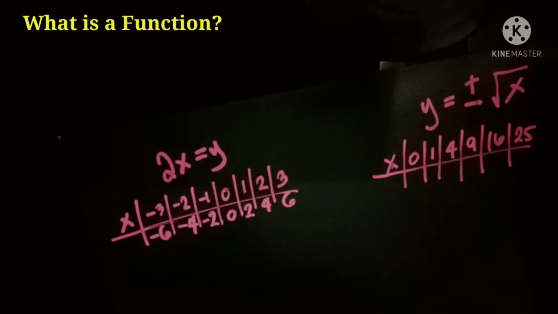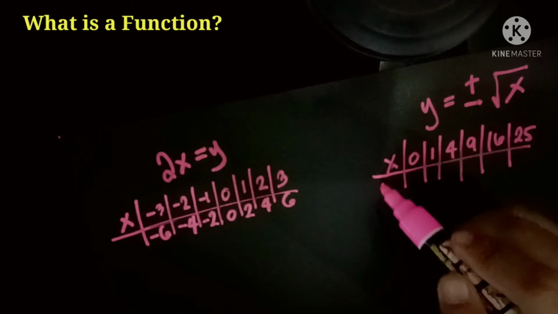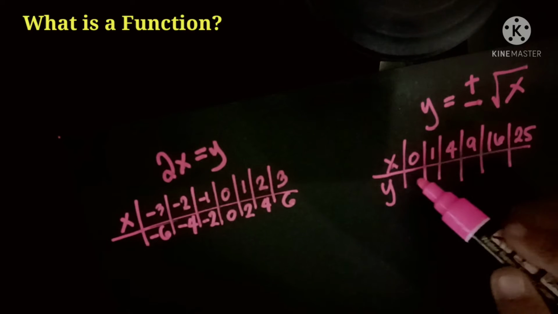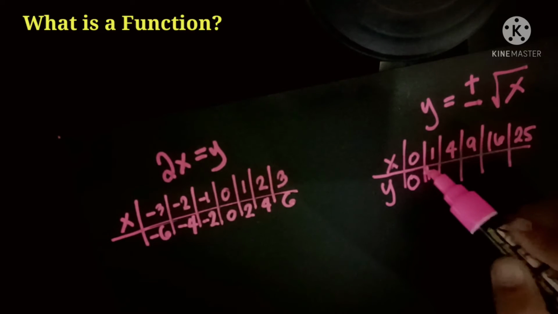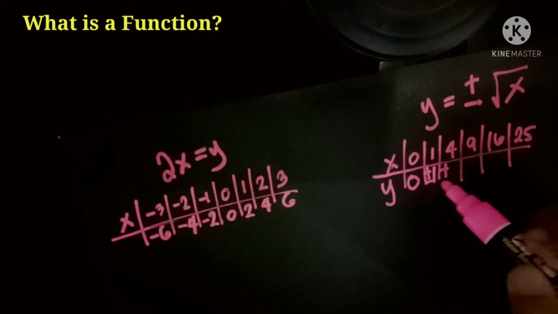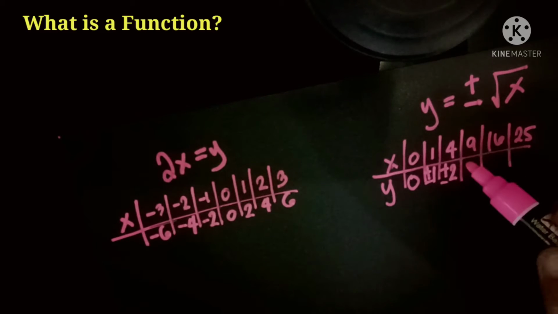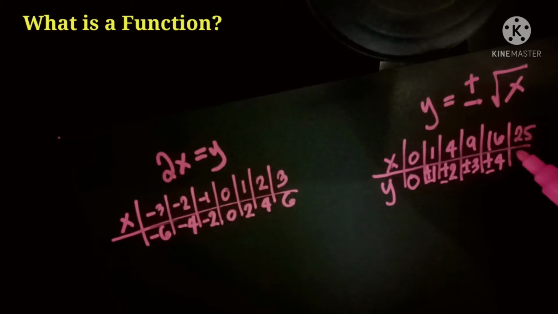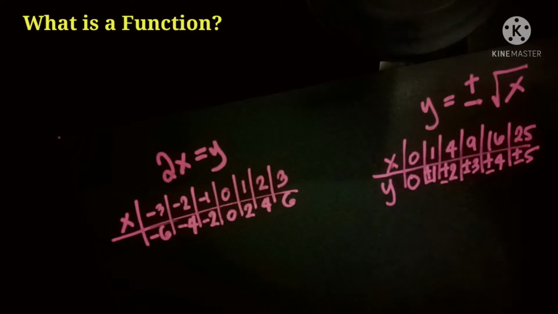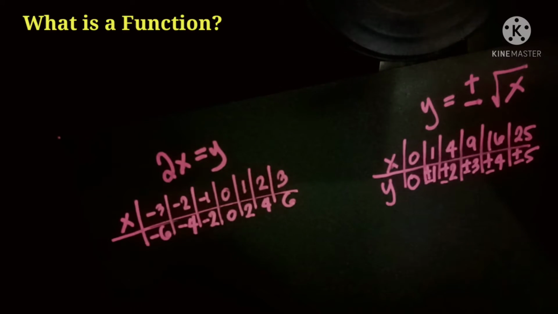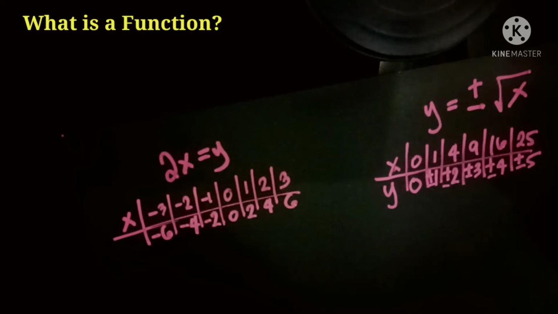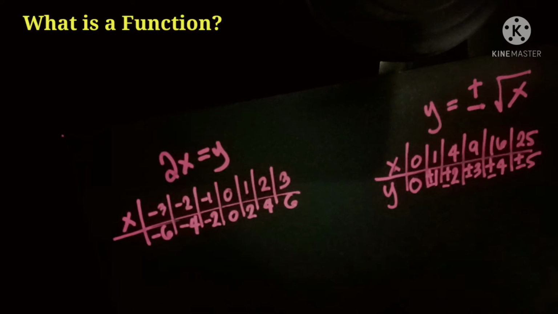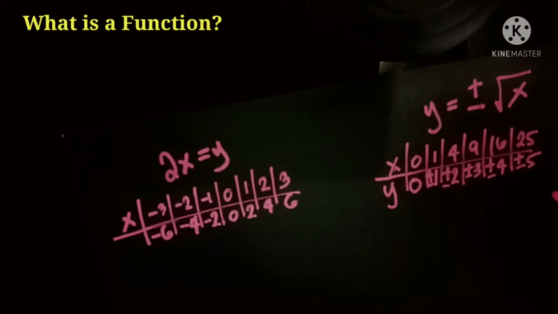Solving for the positive negative square root of these perfect squares, we have y values which are 0, positive negative 1, positive negative 2, positive negative 3, positive negative 4, positive negative 5. This is the resulting table of values.